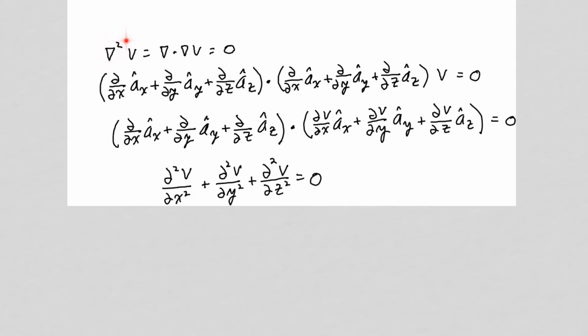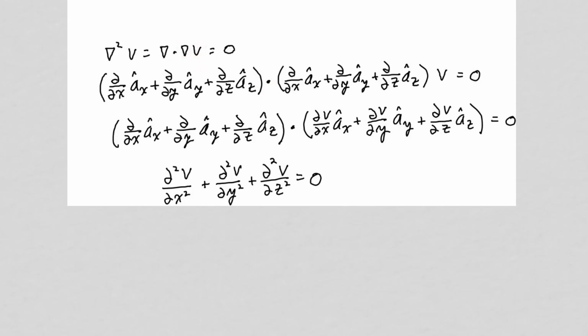So the Laplacian is the divergence of the gradient. For the divergence, we have the del operator in Cartesian coordinates, and we're going to take the dot product with the gradient of the potential, which is just the del operator times the potential.